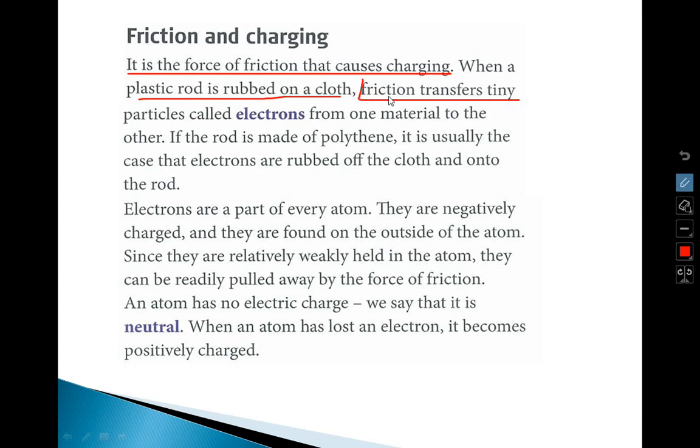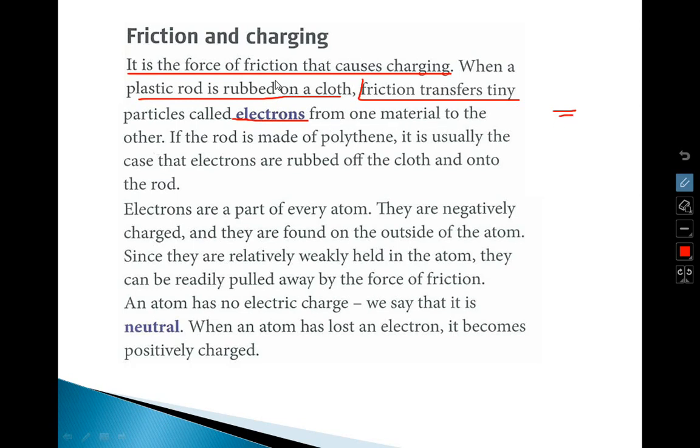What happens here with the friction? Friction transfers tiny particles called electrons, which are negatively charged, from one material to the other.